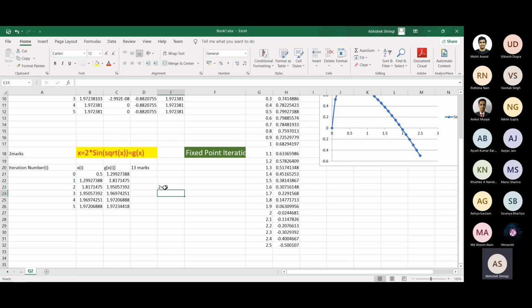The second was that some people have taken xi to be in inches. That was clearly a big blunder. Even if you have written that you are taking it in inches, that does not make any sense. You have to take xi in radians, because you are representing it on a number line, not on some circular scale that you can write in inches. By default in mathematics, and for that matter in every field of physics or science, you have to take it in radians only, never in inches.